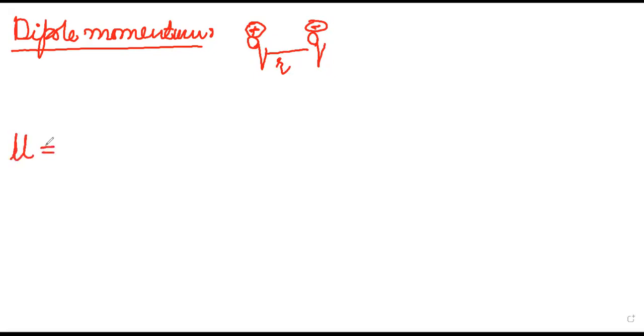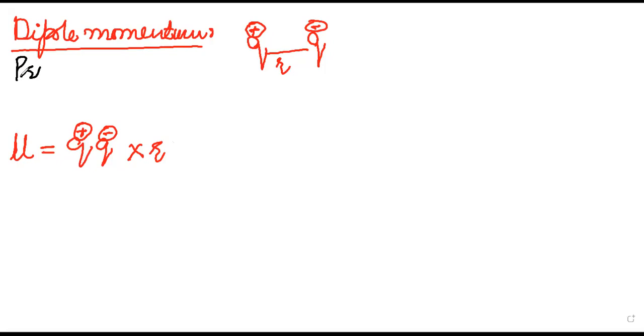Mu is equal to Q positive, Q negative into R. It means that the product of charges and the distance between them is known as dipole moment.